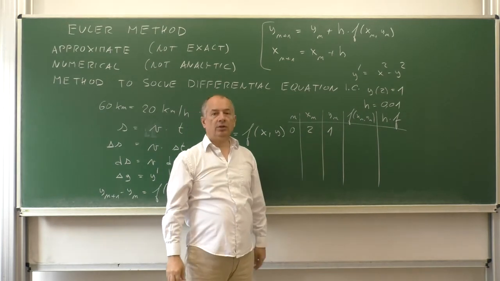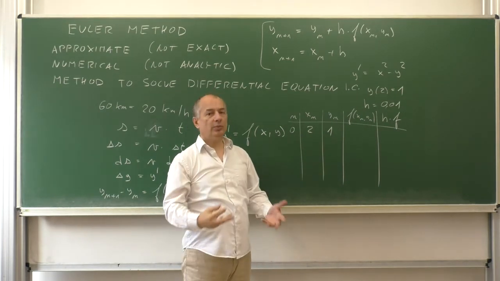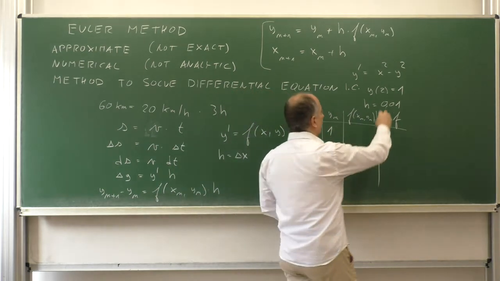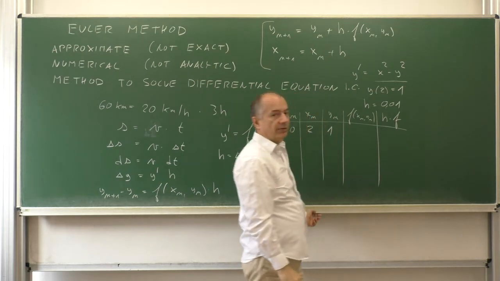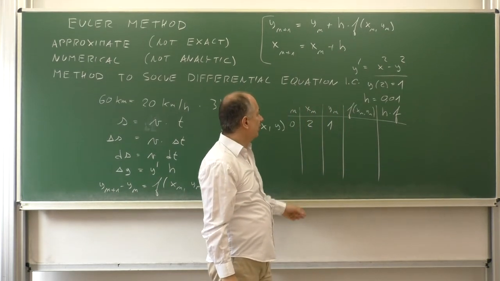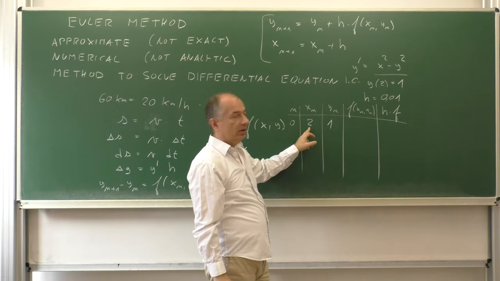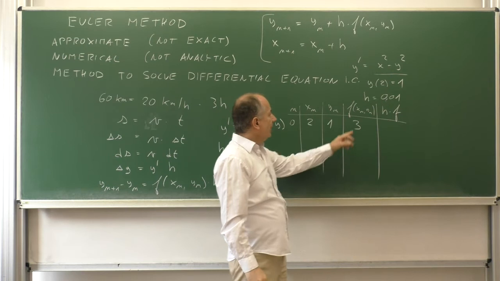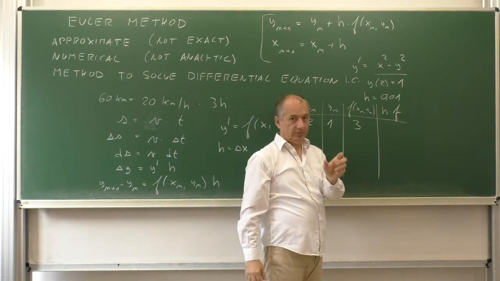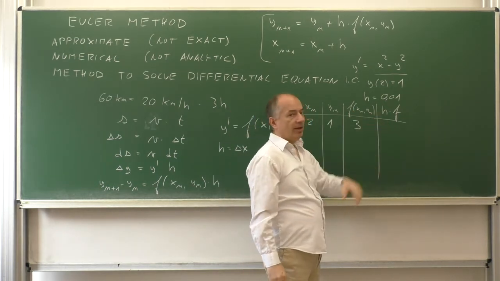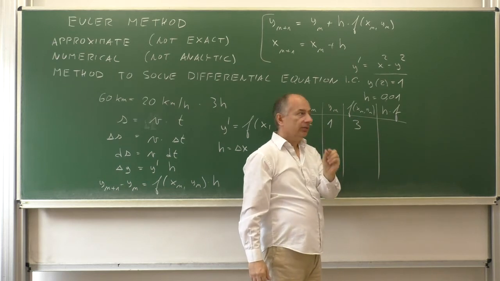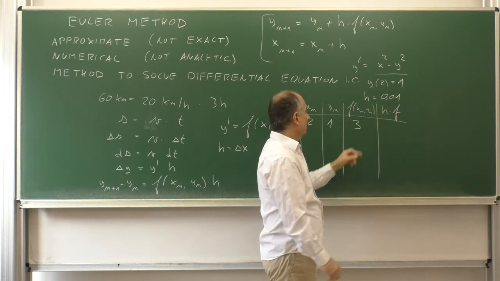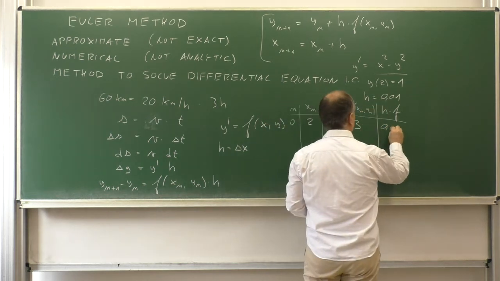We just copied the initial condition. And now the computation starts. Knowing x and y, we can evaluate the right hand side of the differential equation. X squared minus y squared is 4 minus 1 is 3. Then we take f, the velocity, and we multiply by h, the small interval of time. H was chosen to be 0.01, times 3 is 0.03.